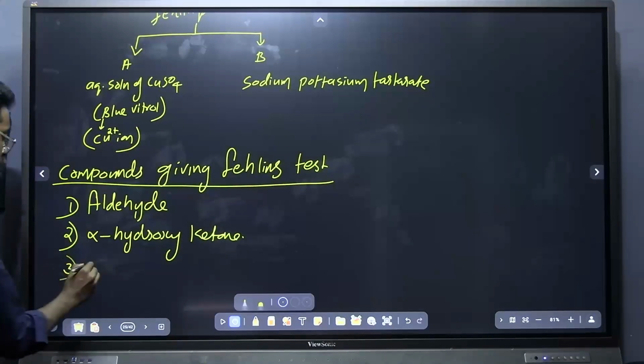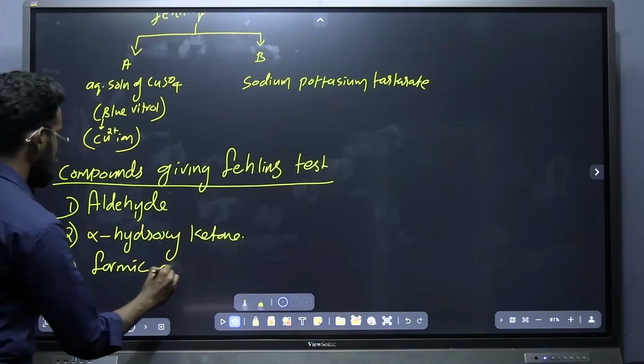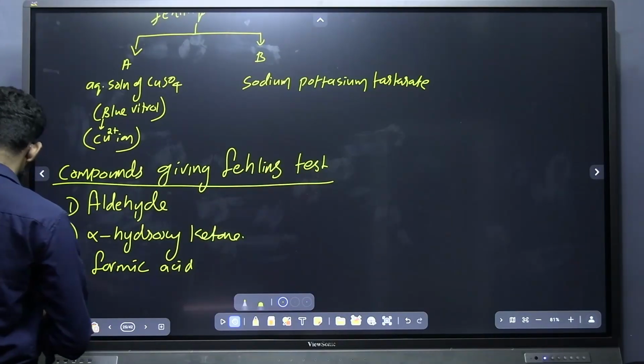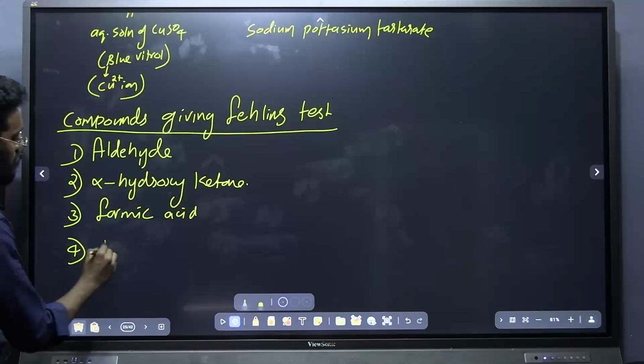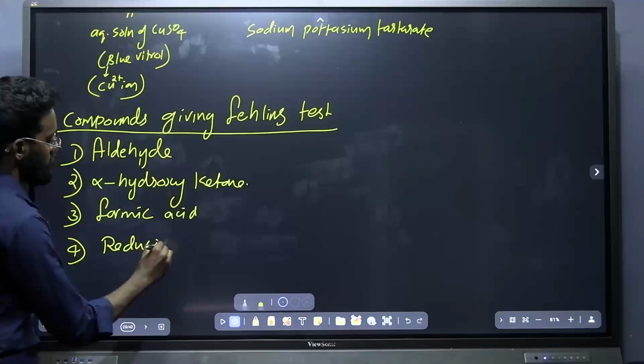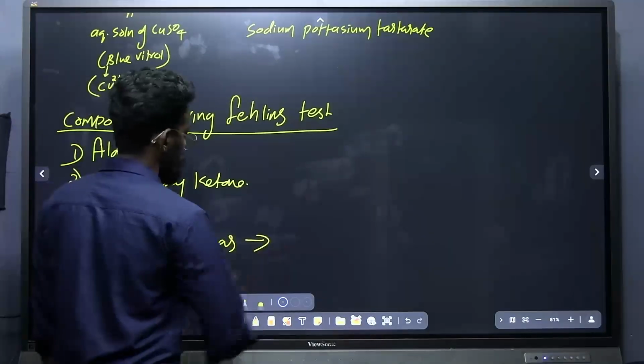Then formic acid. Formic acid also will give Fehling's test. Apart from this, all reducing sugars also will be giving Fehling's test. Which are the reducing sugars?